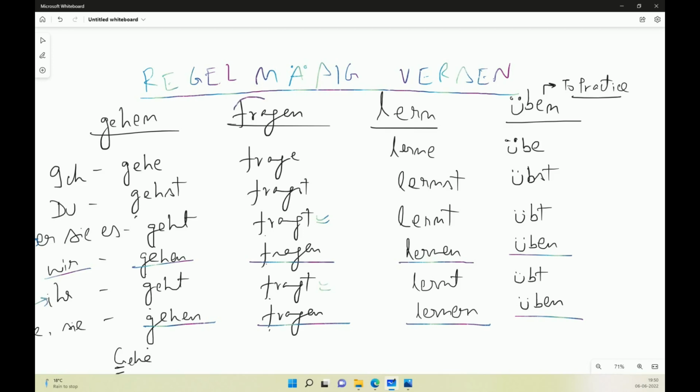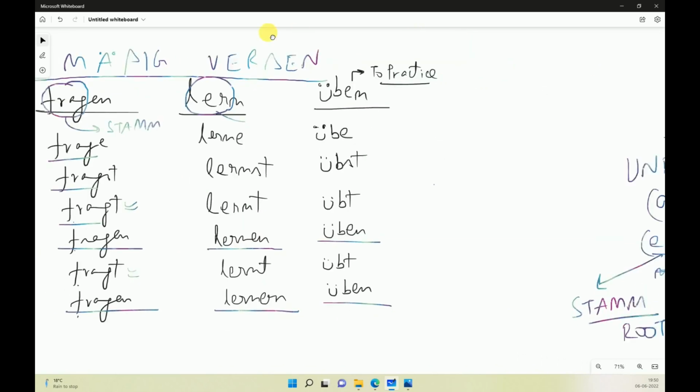Here frag, F-R-A-G, is always there in every form, so this frag is Stamm. Likewise, lern, L-E-R-N, is Stamm. In gehen we have geh. So this is Stamm, the root, which is present in every form, and then the ending will keep changing.